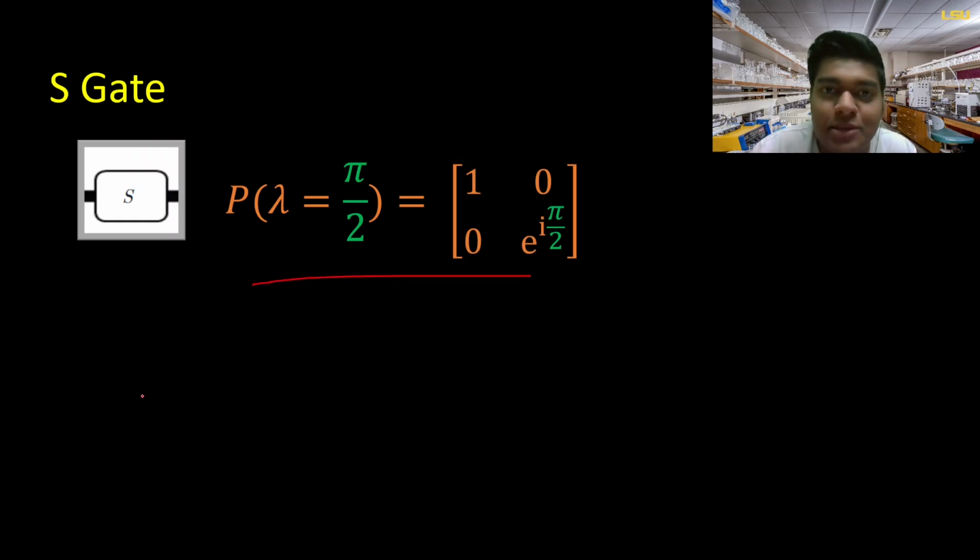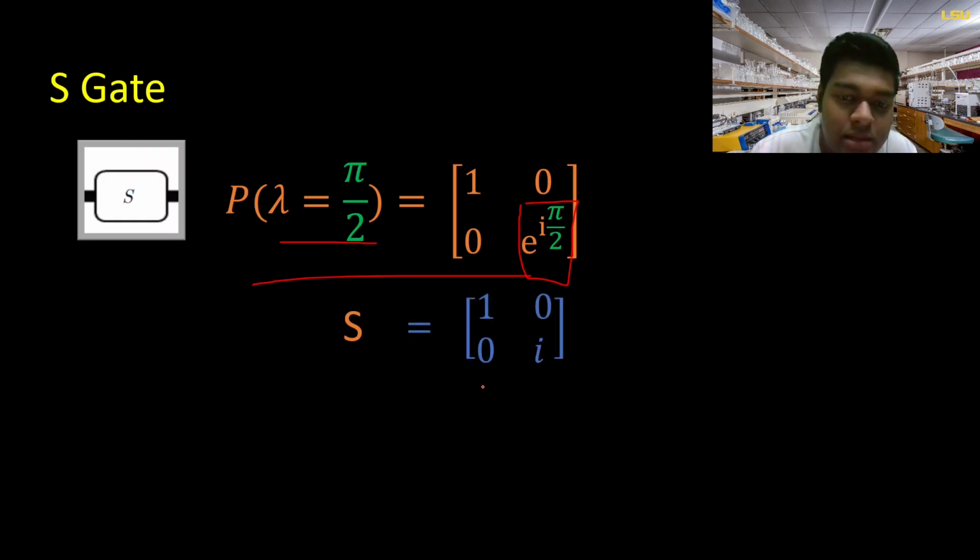As I just told you, the S gate is a special case of the phase gate, where the value for lambda is pi by 2, and you can see here we substituted lambda equal to pi by 2 in this matrix, and this gives us our matrix for the S gate, which is this, what you see here in blue. Now let's get to the S-Dagger gate.